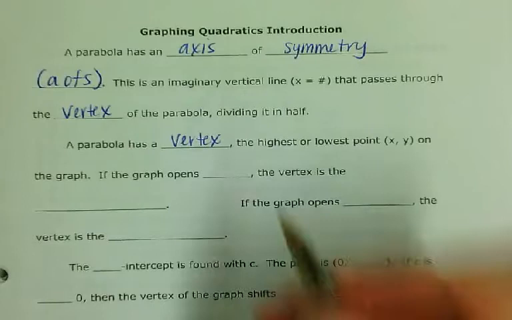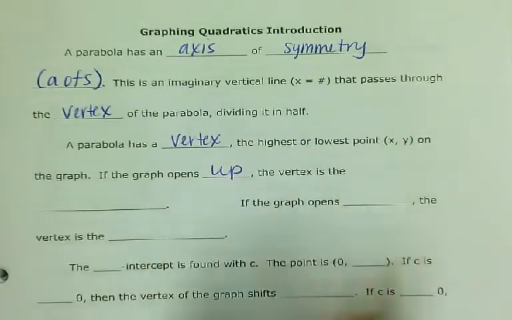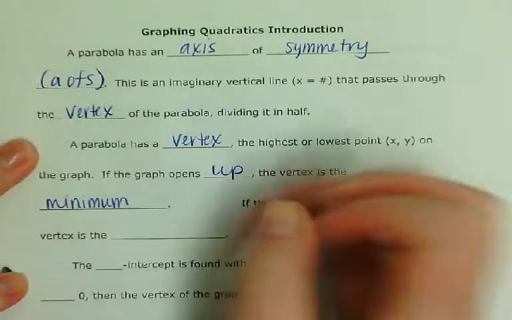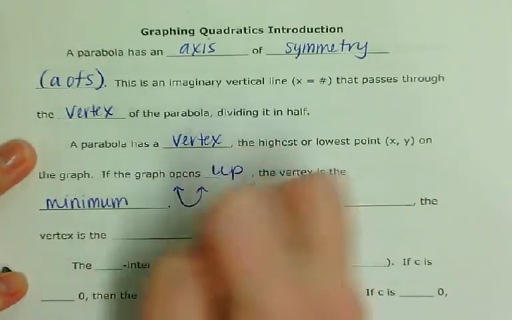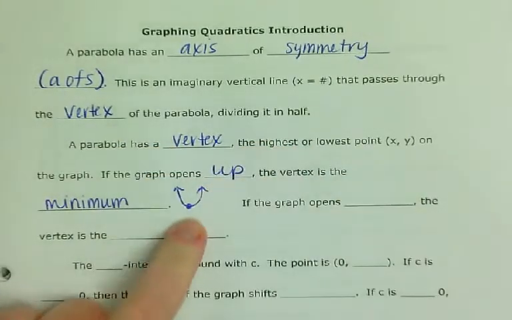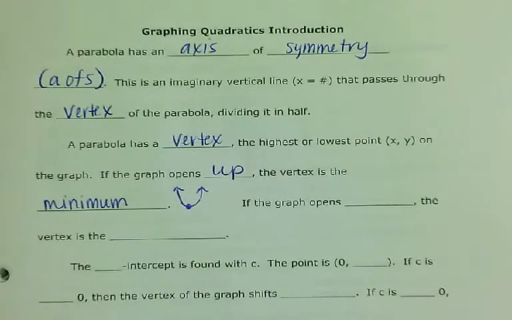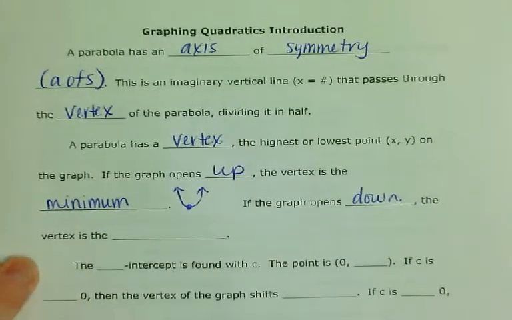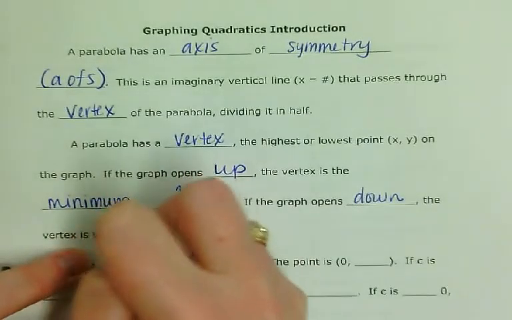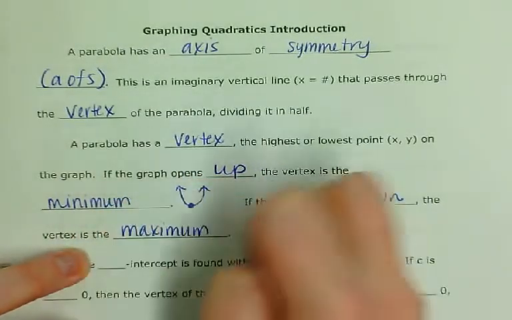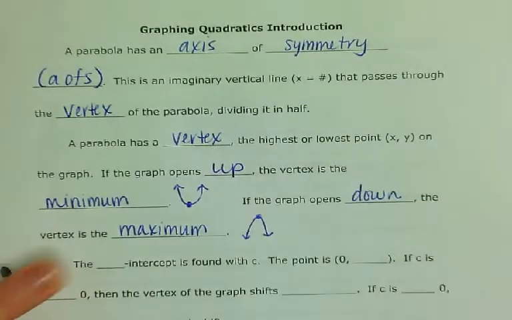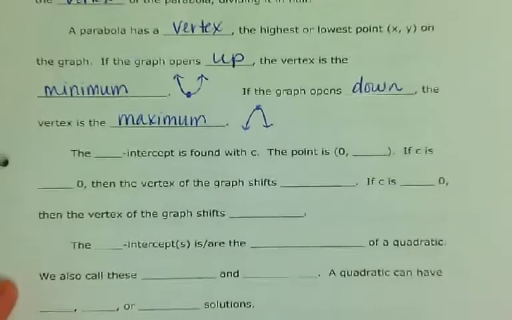If the graph opens up, the vertex is what we would call the minimum. It's the lowest value. So if it looks like this, here's my vertex down at the bottom. It's my lowest. If the graph was to open down, the vertex is going to be my maximum. So my quadratic would look like this. The vertex is the highest point on that parabola.